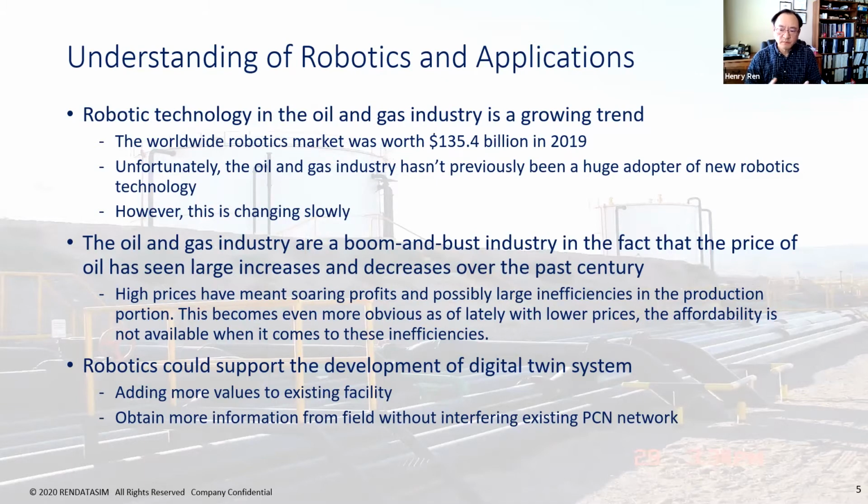Now they pay attention, mainly in the inspection area. Also, robotics itself has to satisfy the production environment. They call it the zone 0, zone 1 environment, to protect operation safety and to avoid explosion or fire, those kinds of conditions.